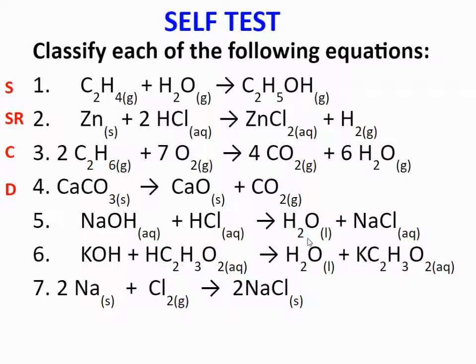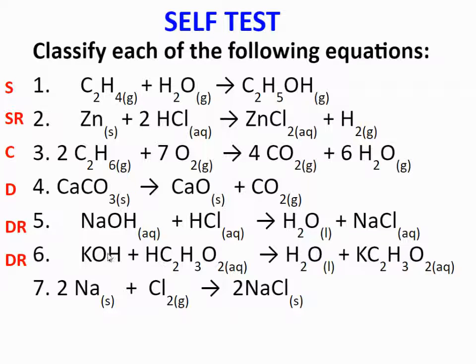We have water as a liquid, so we can say that this is a base and an acid neutralizing into water and salt. But we know this is a double replacement because we have compound on the reactant side and compound on the product side.